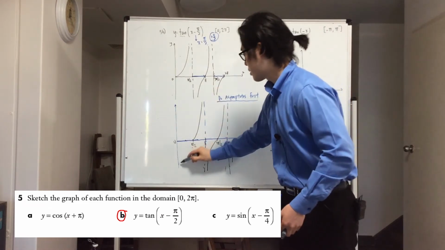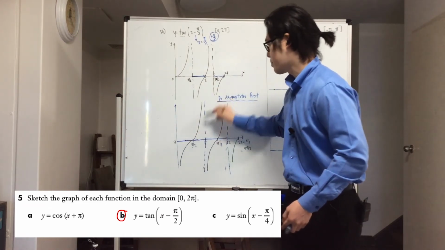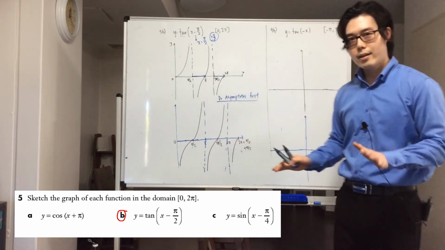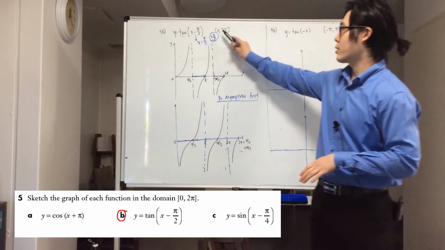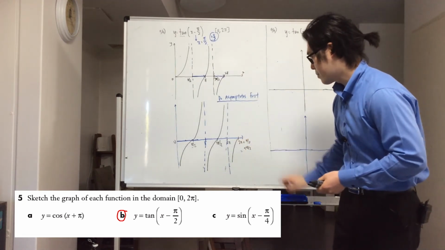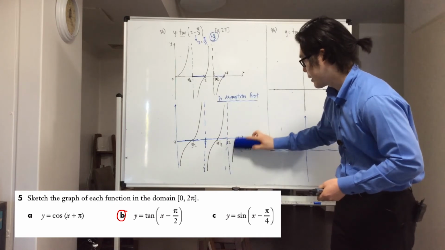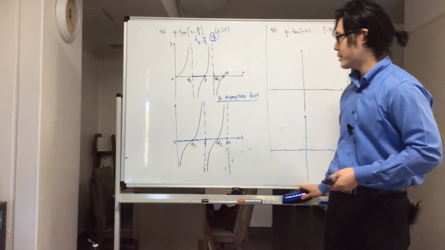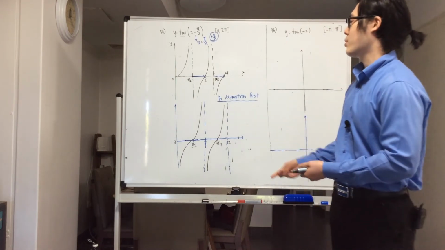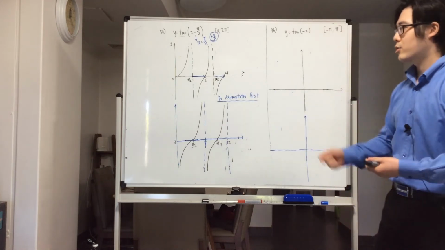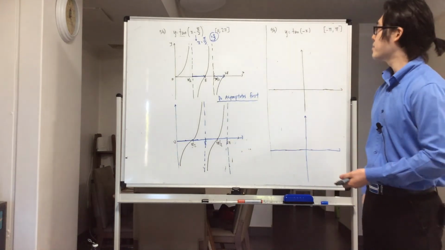And then you want to continue this part as well, going by the pattern. Now, once you've done that, make sure you look at the question. They want it from 0 to 2 pi. So that means you need to rub off that bit, because we want it up until 2 pi only. So keep that in mind. And that would be your final answer. All right, so that's my tip when it comes to horizontal translation. Draw another separate axis and then translate the asymptotes first and then the points.